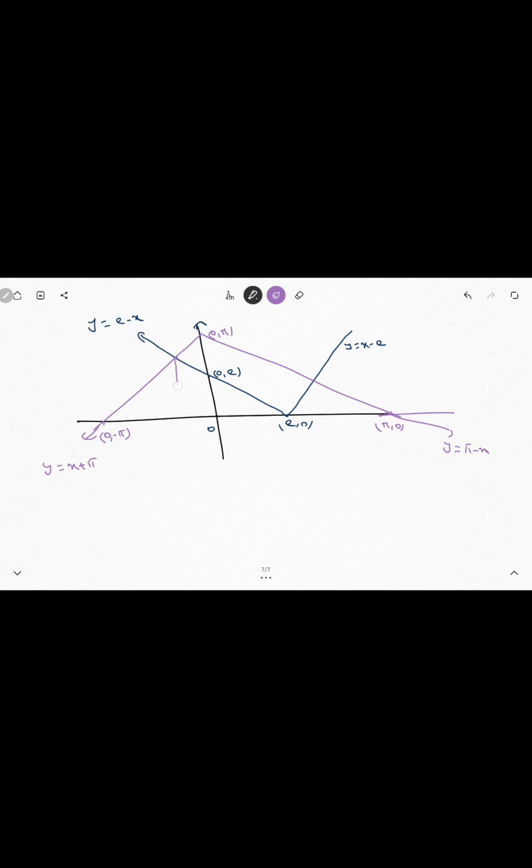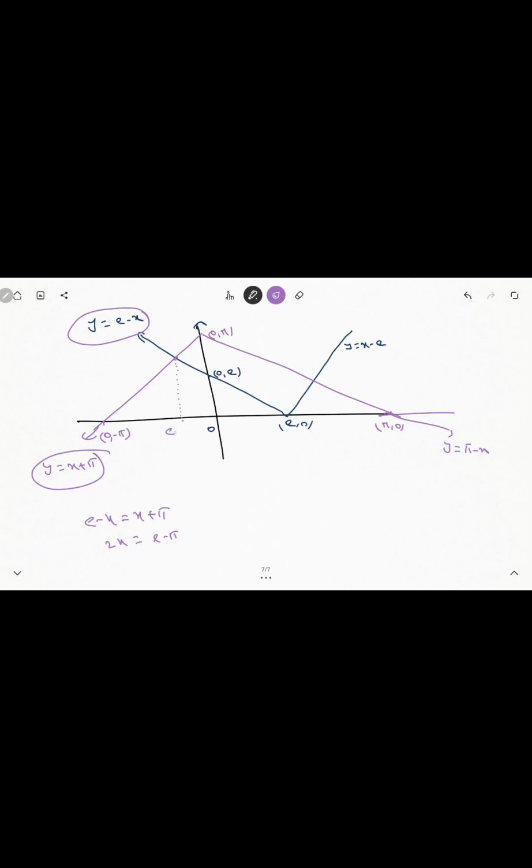Again, it is a point of intersection. What is this? Point of intersection of two straight lines or two rays. What are they? y is equal to e minus x and y is equal to x plus pi. You should solve actually. So what do you get there? e minus x is equal to x plus pi. So 2x is equal to e minus pi.